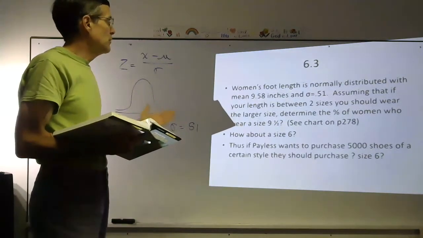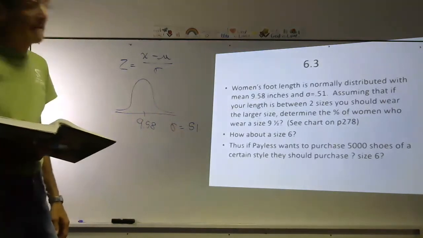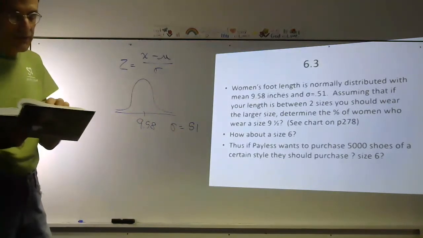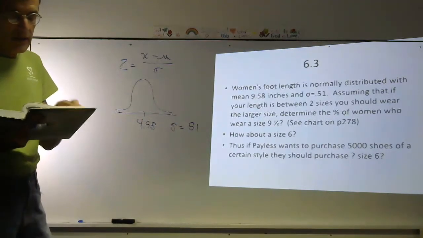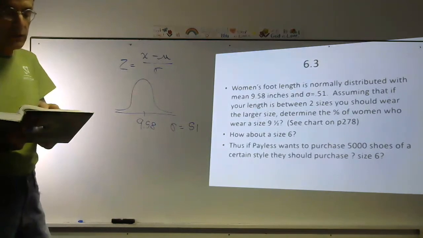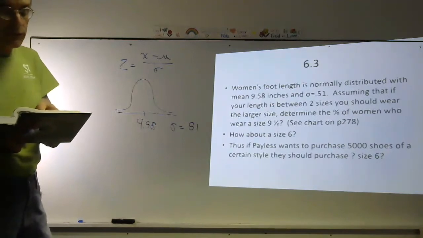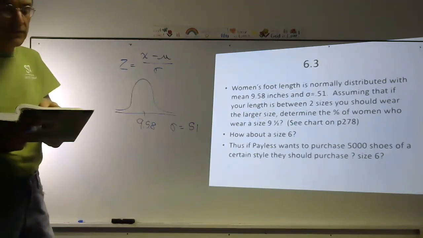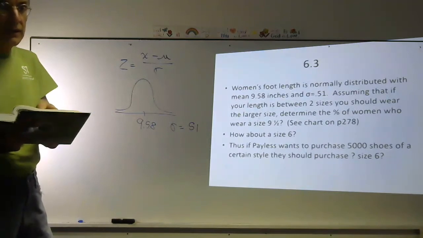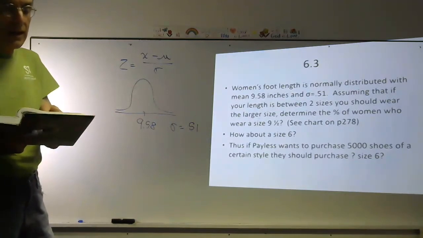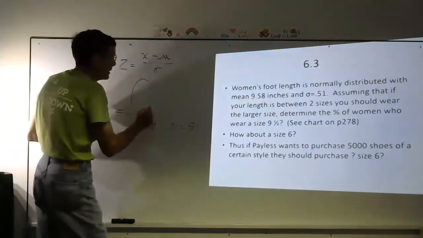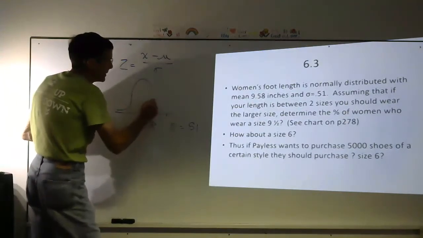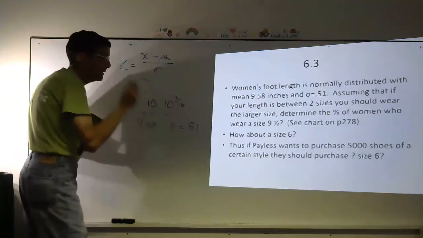Determine the percentage of women who wear a size 9.5. Find a size 9.5. And size 9.5 is over on the very last column. If you're going to wear a 9.5, your foot has got to be between 10 and 10 3/16. Comprende? You with me? So I'm here between 10 and 10 3/16.